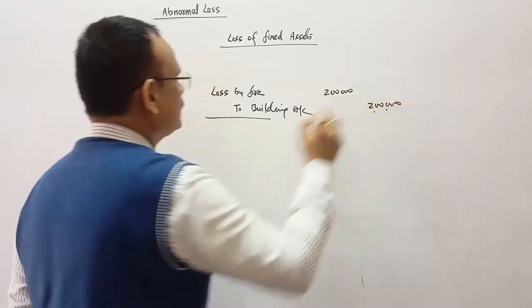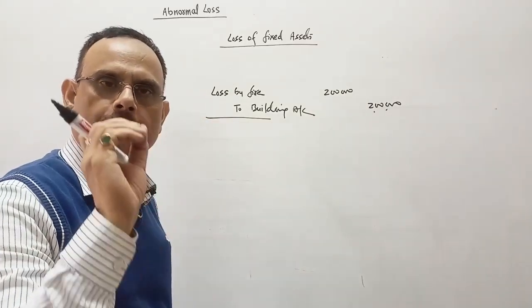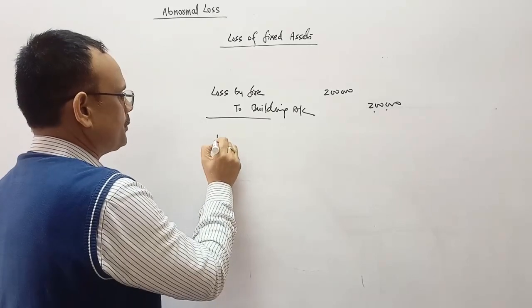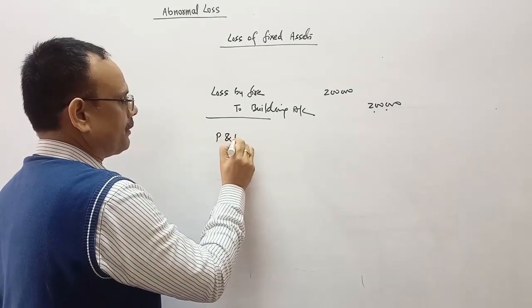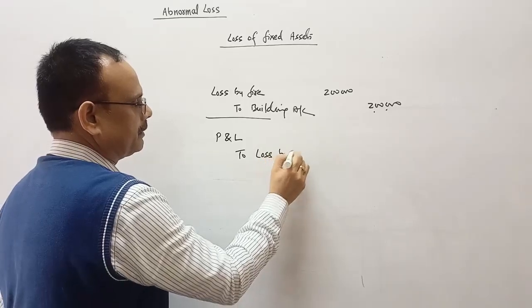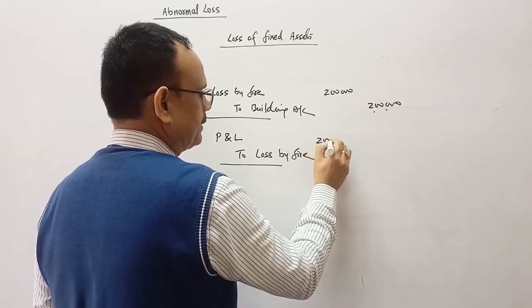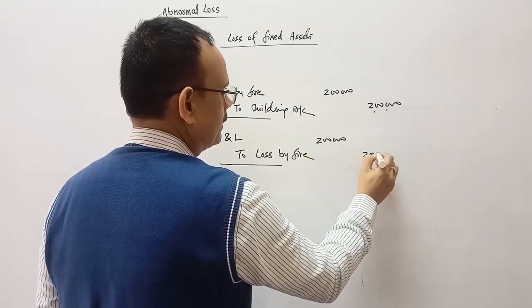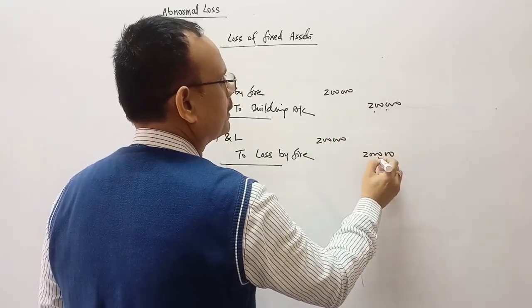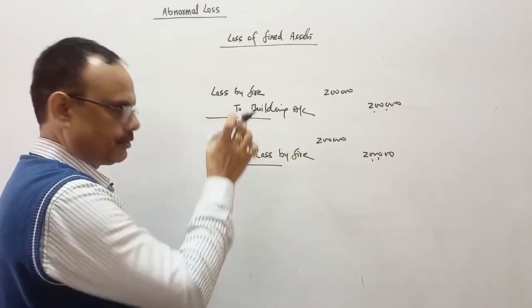Then this loss by fire will be transferred to the profit and loss account debit side.